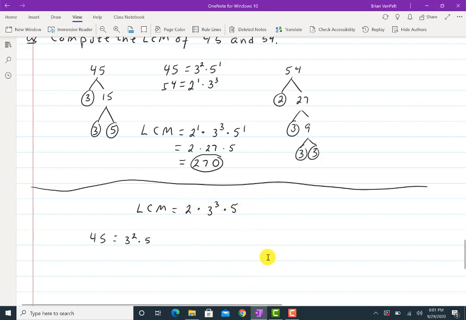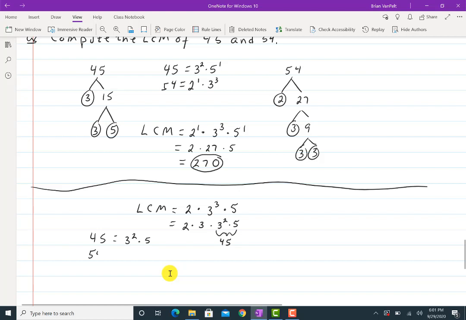I'm going to rewrite this in a separate way. You see it right there? There's 45. It's inside of this number if I break that up in a certain way. Right there is the 45. So you can see that 45 goes into the LCM.